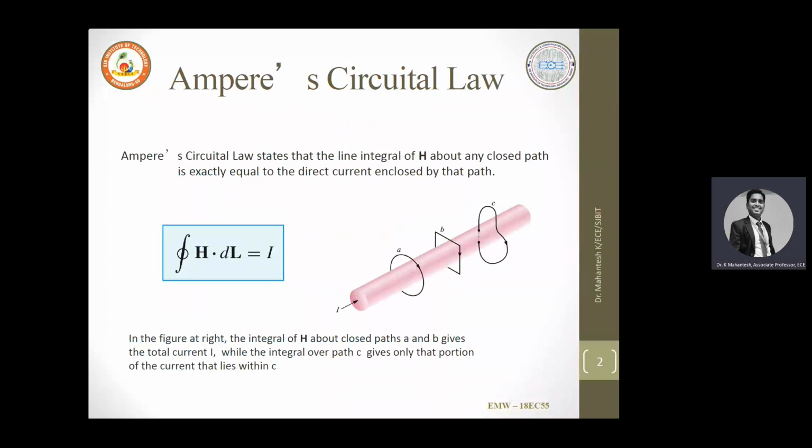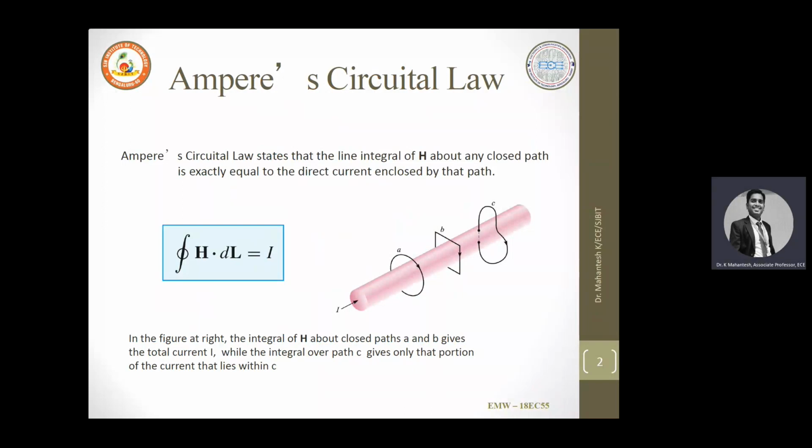Ampere circuital law states that the line integral of magnetic field intensity about any closed path is exactly equal to the direct current enclosed by that path. This law is very helpful to determine the magnetic field when current distribution is symmetrical.